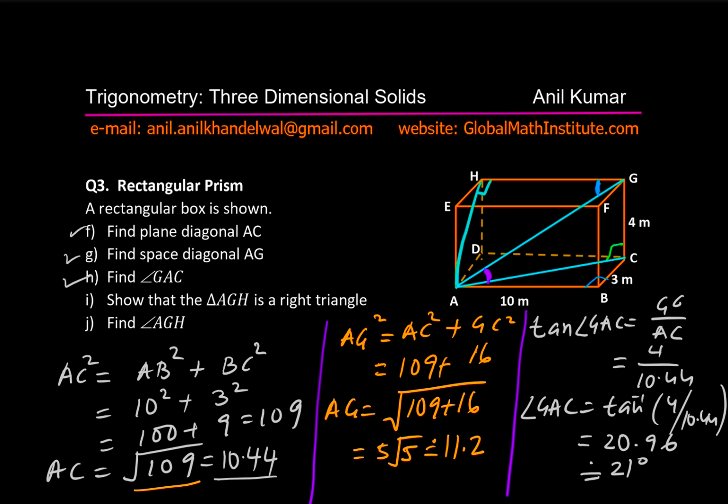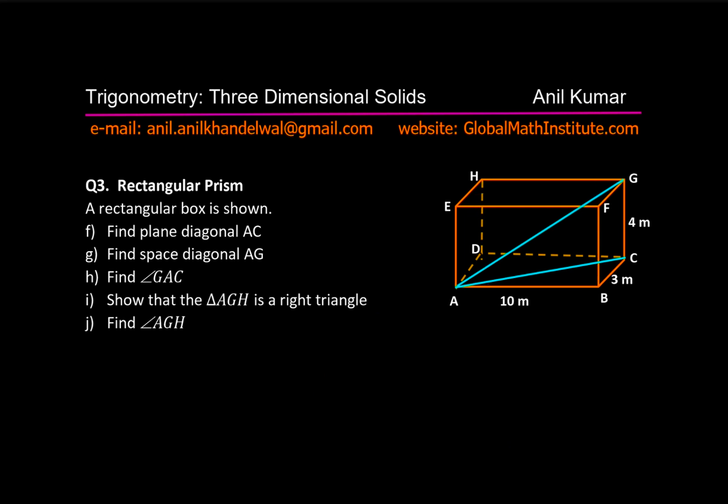For that angle, you will need A to G, and we'll use this value, 5 square root 5. Let me write down A to G is 5 square root 5. Perfect.